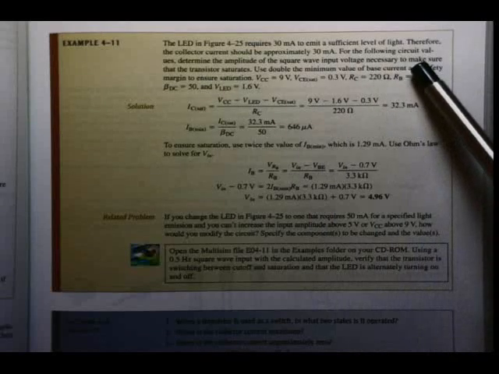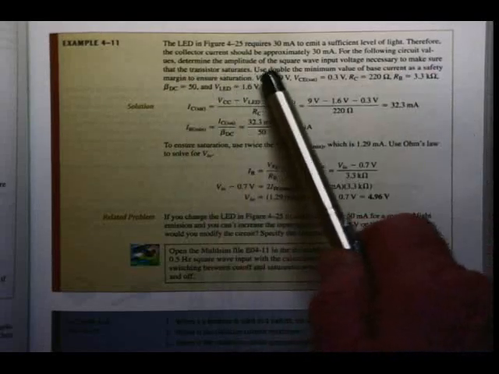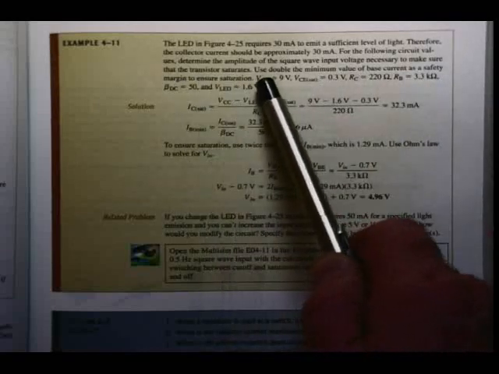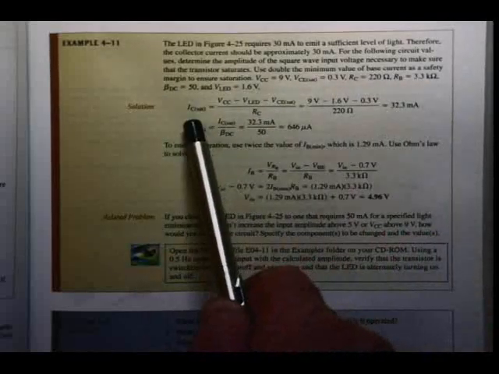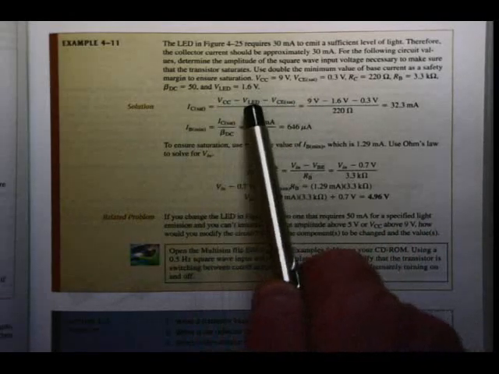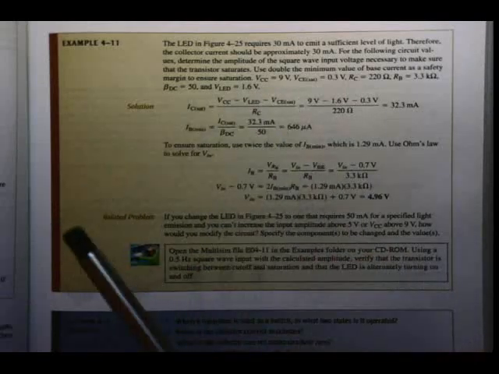Anyway, in this specific case, the following circuit values determine the amplitude of the square wave input voltage necessary to make the transistor saturate. Use double them. Okay, I've read that already. VCC, and then they give you all the values. Then here I can calculate. Remember now I've got a voltage drop over the LED as well. IC sat is VCC minus VLED minus VCE sat.